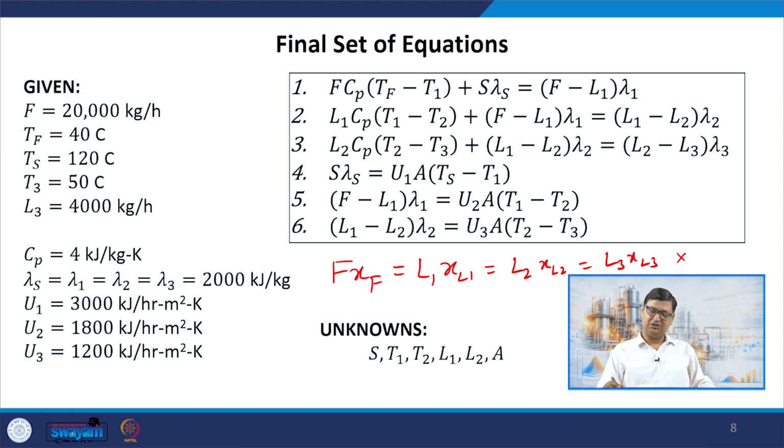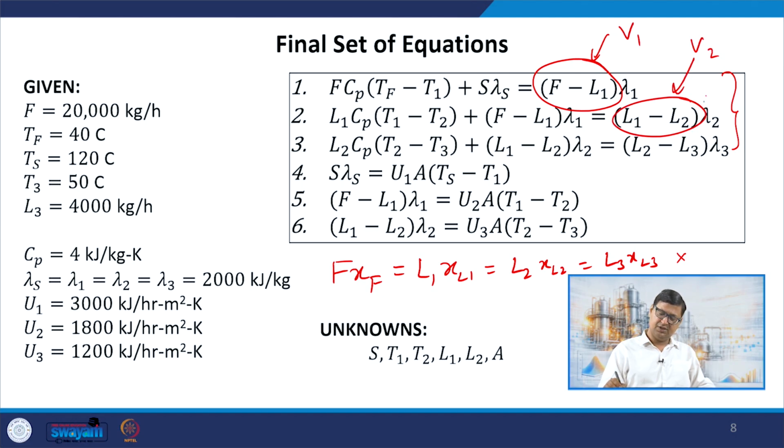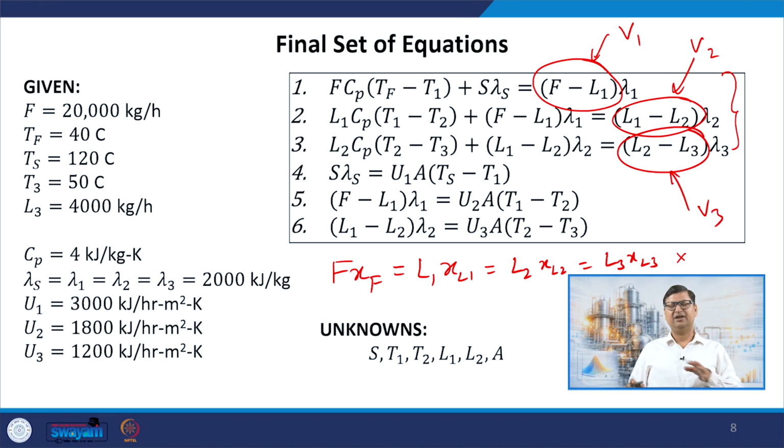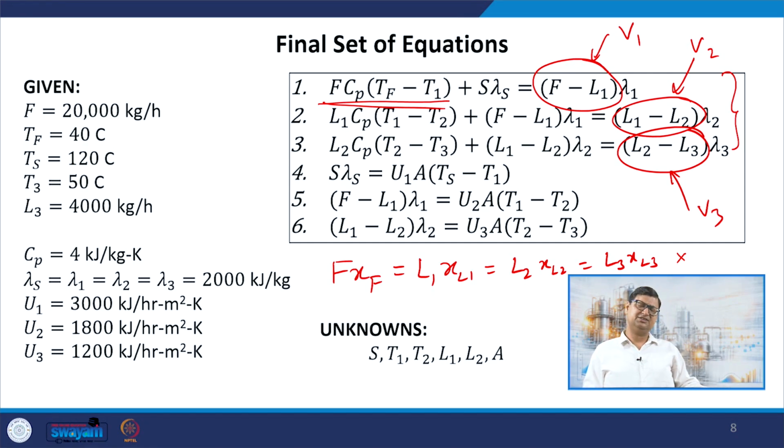I am worrying about the three energy balance equations. One thing is important here, that I have already substituted for V1, V2, V3 using the overall material balance. So, basically there is a sensible heat change for the liquid that comes inside the evaporator effect.